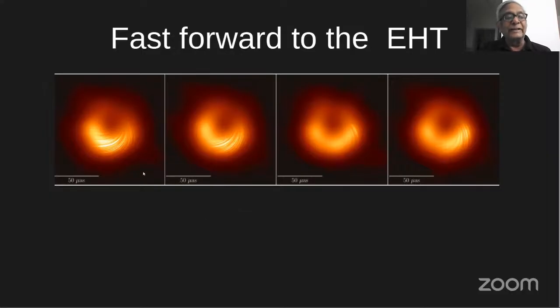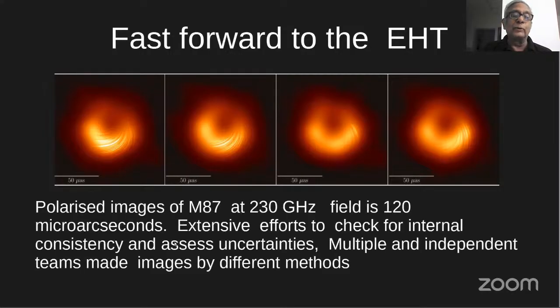But it's also true that each one of these images is an average, or derived from some 4 other images. Now, the reason why they did that is precisely what I told you, that they had multiple and independent teams make images by different methods with different pipelines.